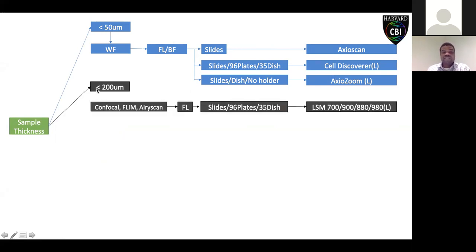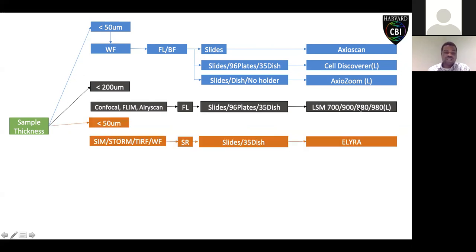However, if it is thicker than 50 micron, up to 200 micron, and you want to do confocal, FRAP, or Airyscan, again for fluorescence imaging, we have the LSM microscopes that can capture that image for you. For super resolution microscopy, you're looking at things less than 50 micron.